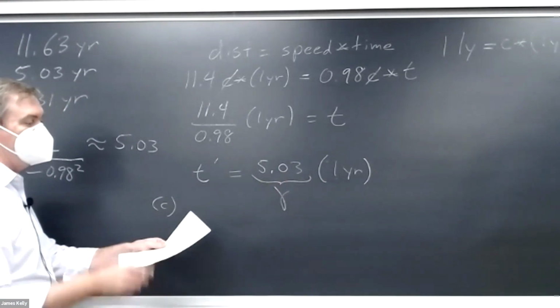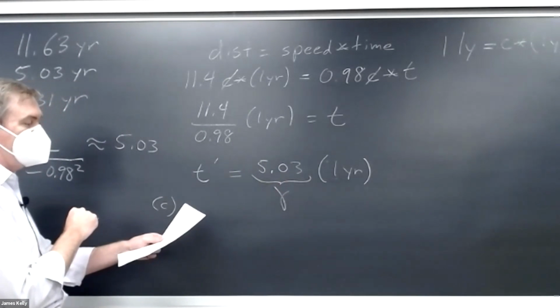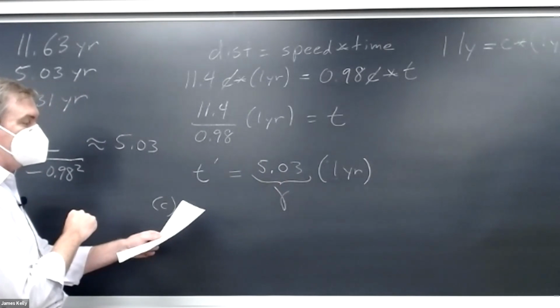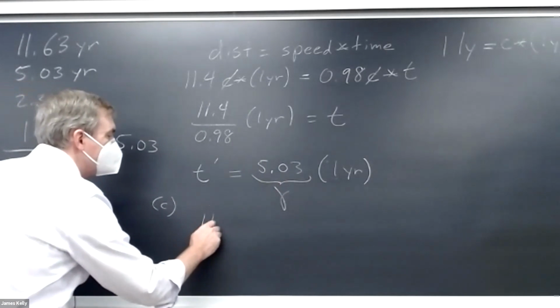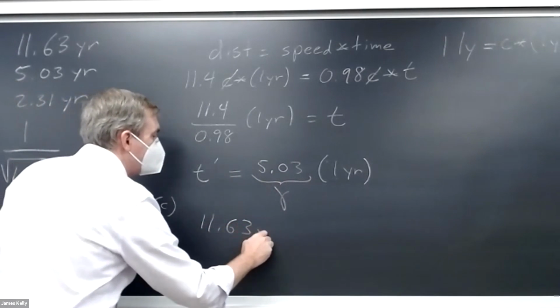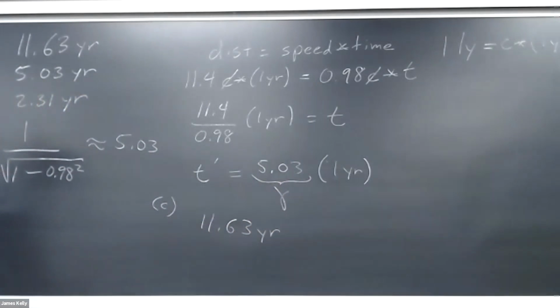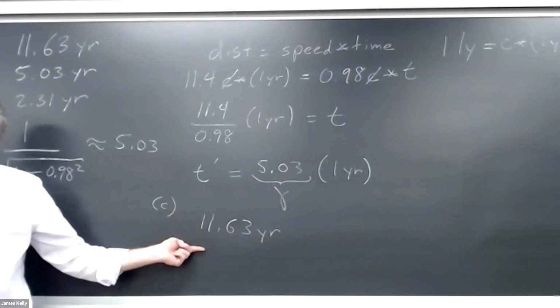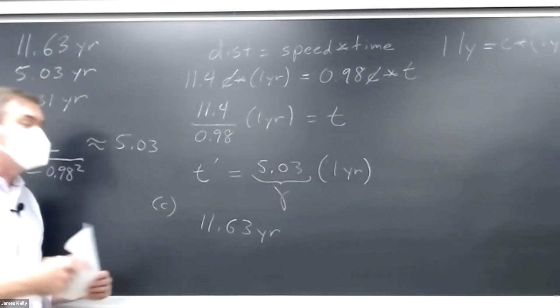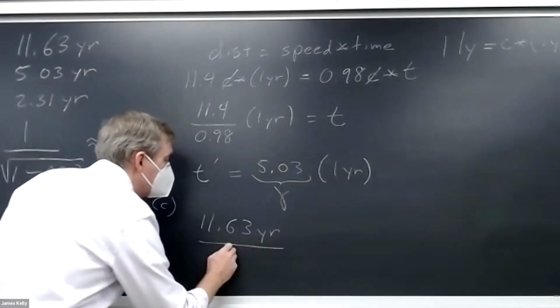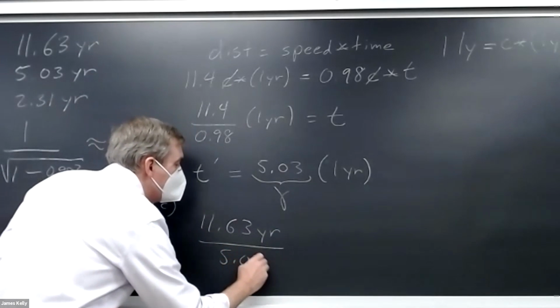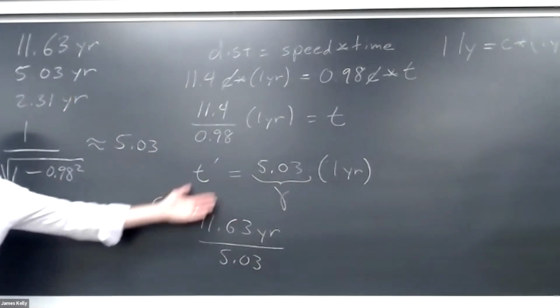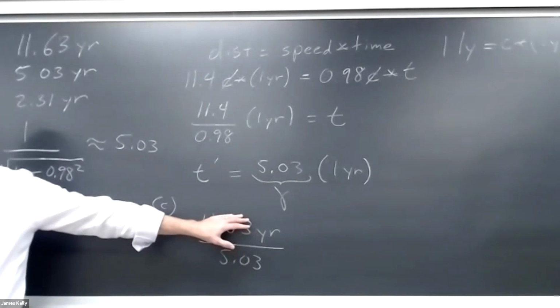Now, the time experienced by those on Earth is 11.63 years. That's what we figured out in part A. The time experienced by those in the spaceship is going to be correspondingly smaller, and the correct factor that you cut it down by is divide by gamma or multiply by 1/gamma.